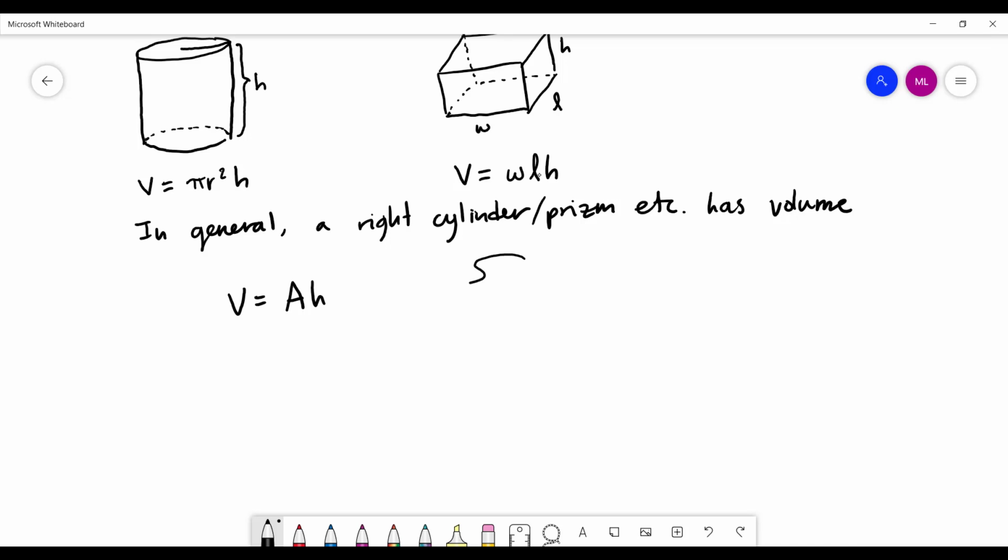So you could have some generic weird shape on top, that same weird shape down on the bottom, and what we wind up with is, as long as this is a height and this surface here has an area of A, we wind up with the volume of A times H. So this is the formula that we're going to want to use.